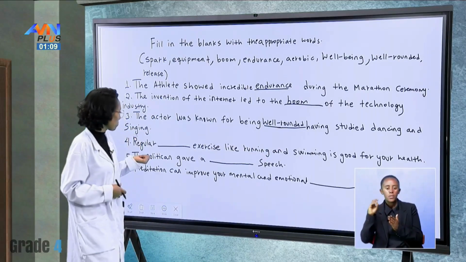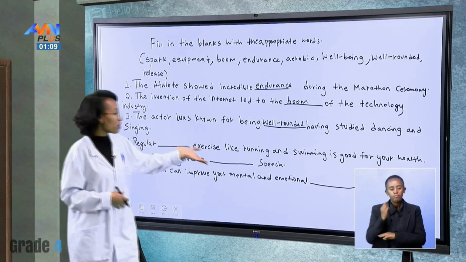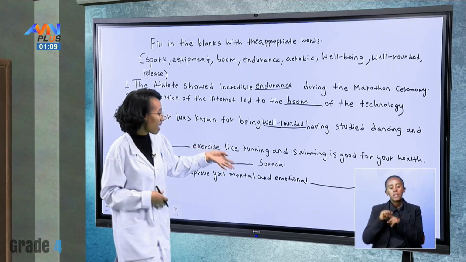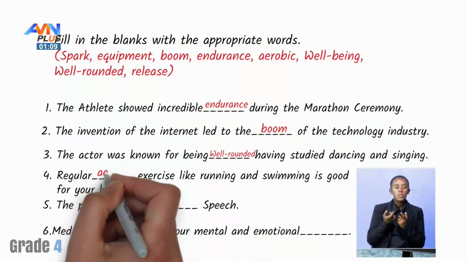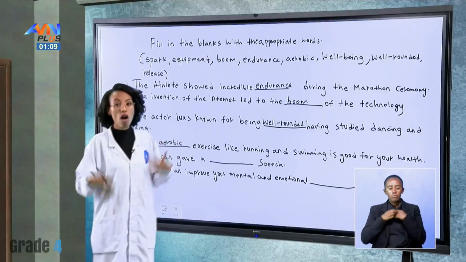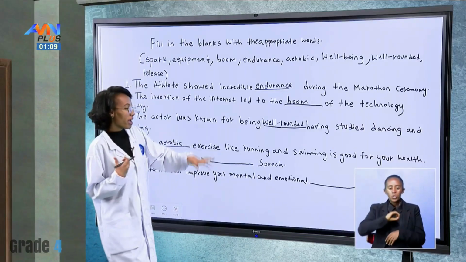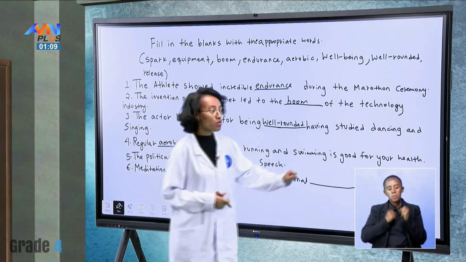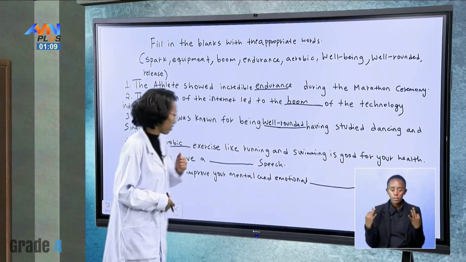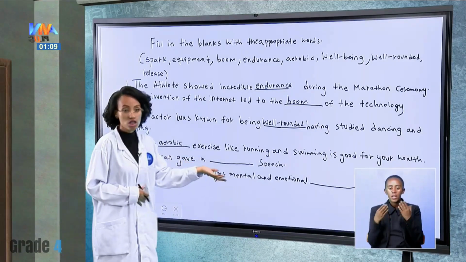Okay, number 4, regular what? Dash aerobic exercises like running, regular aerobic exercises, exercises that require your body to take in oxygen. Exercises like running and swimming is what? Good for your health.